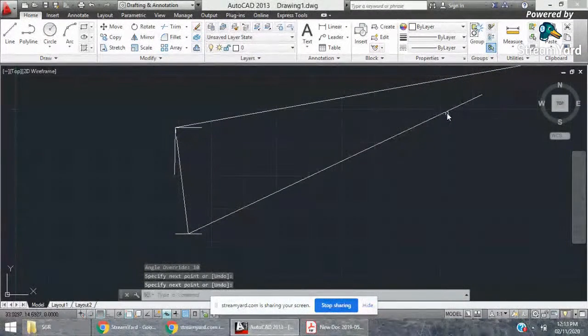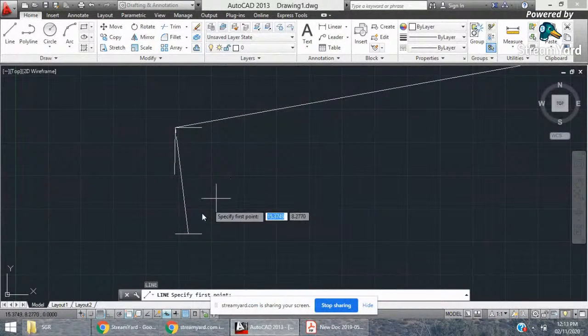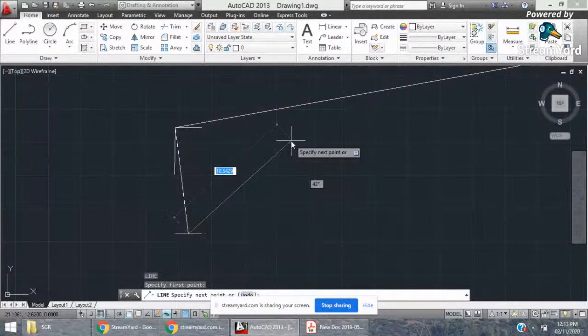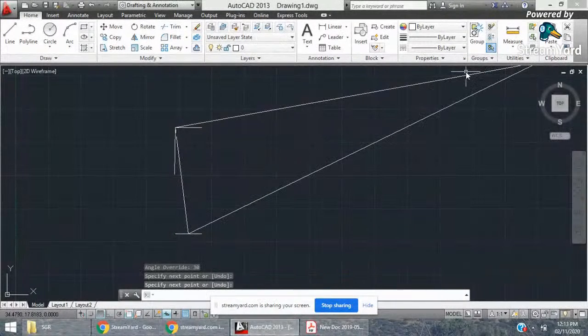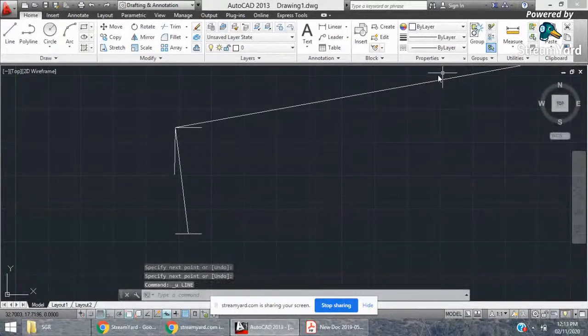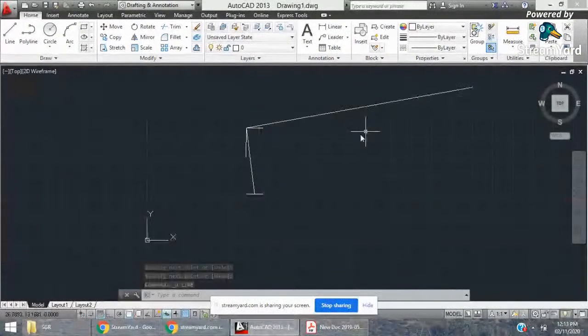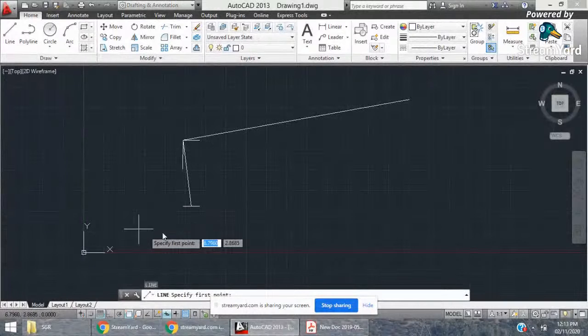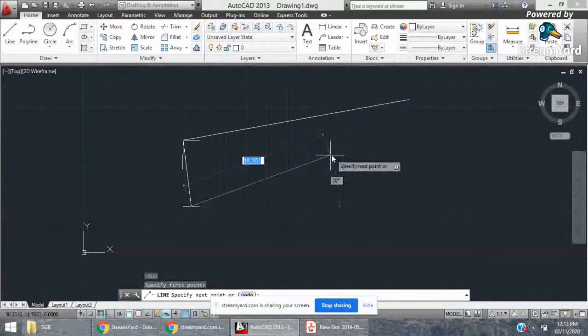For better understanding, I am taking phi equals 30 degree. Okay, so this is how you have to draw the phi angle. Okay, so phi angle is 25 degree.